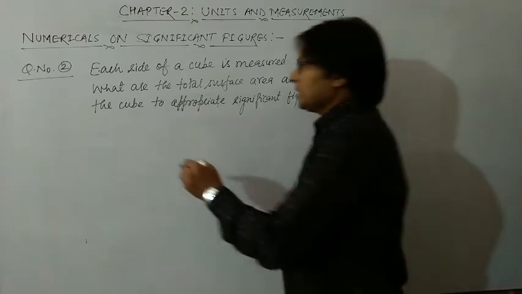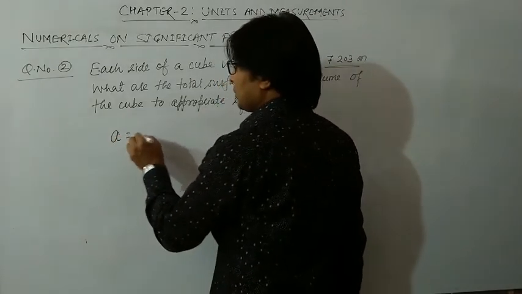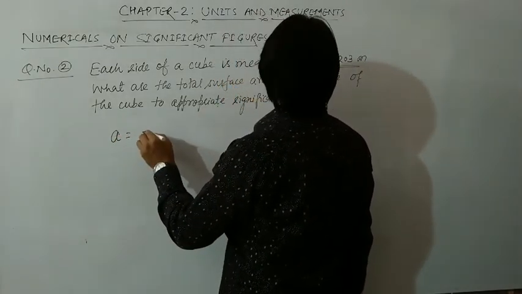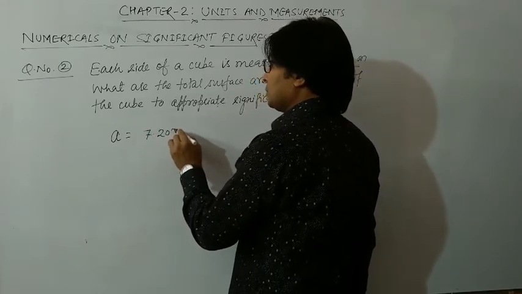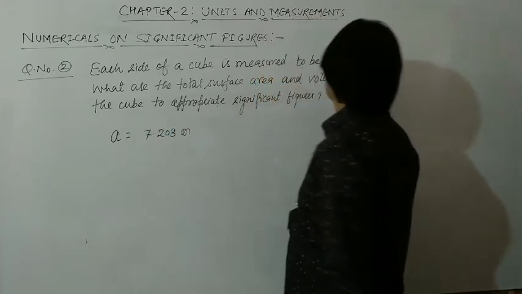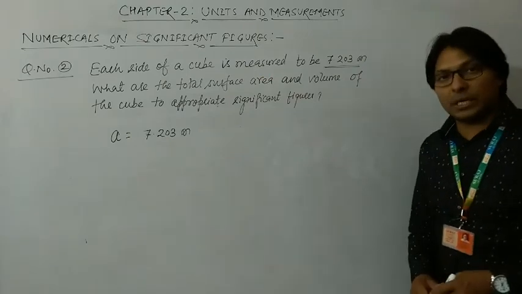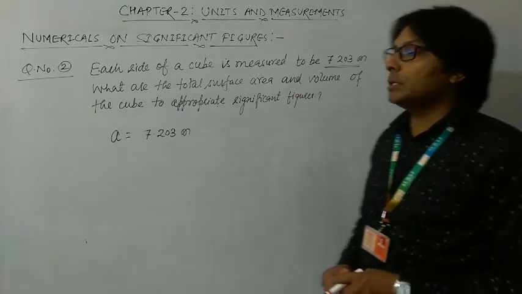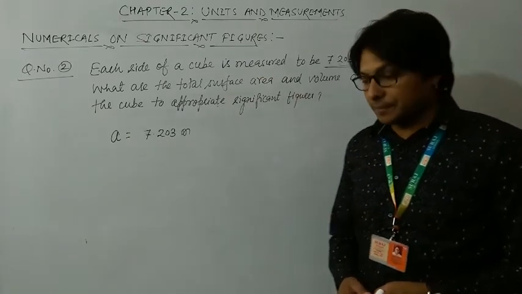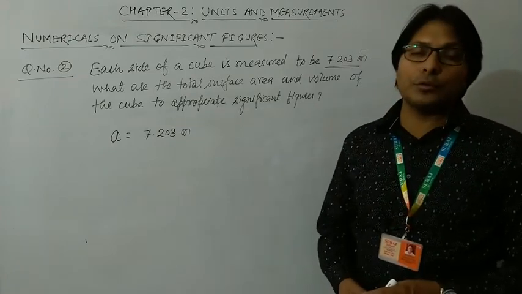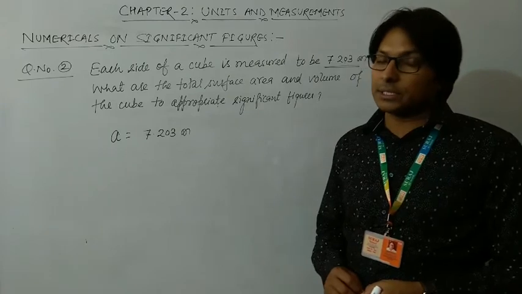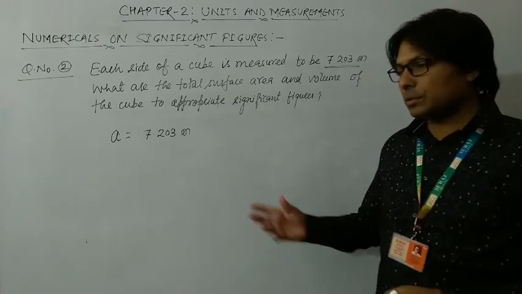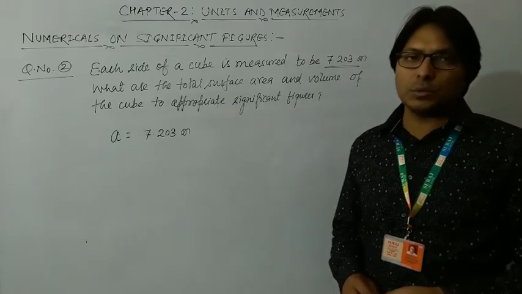So the side of the cube is given as 7.203 meter. You all know that the face of the cube is a square, or we can say all the faces of a cube are square.